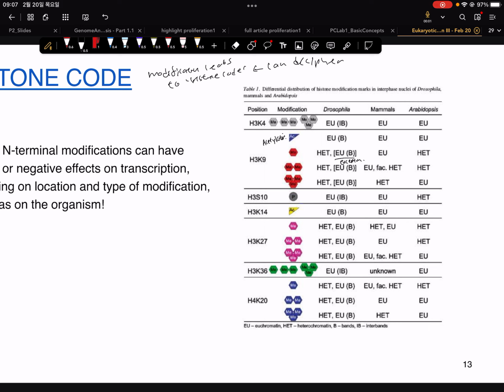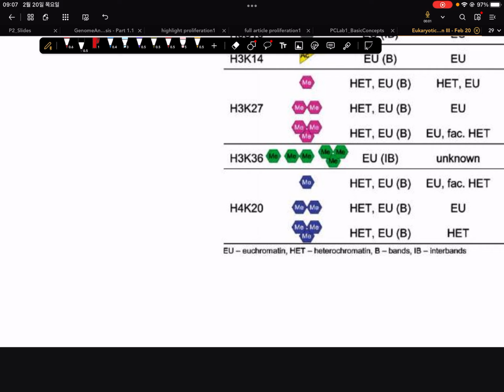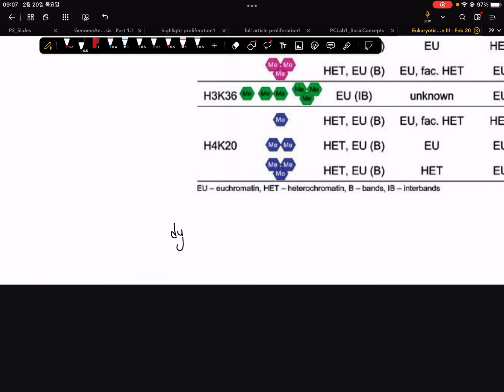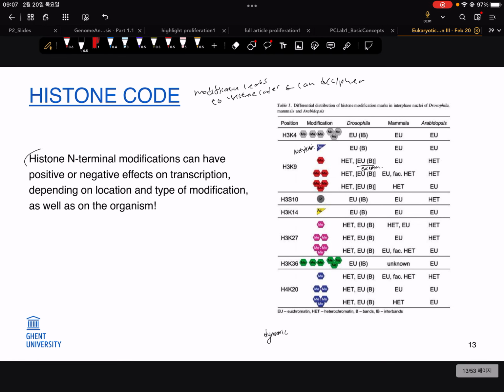And those modifications are also very dynamic. So acetylation, methylation, depending on how the cell is feeling that day. Let's say how the environment of the cell is. Is the cell stressed or is the cell healthy? Is the cell growing normally? Is it responding to something? Already the marks will change, and it can happen very fast.